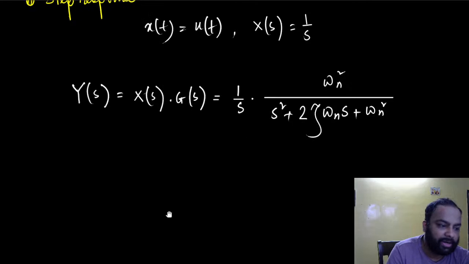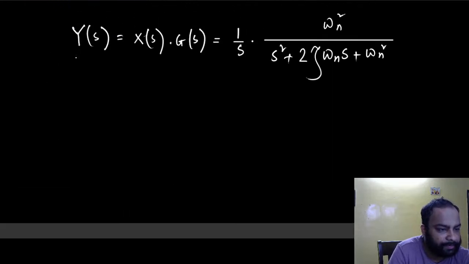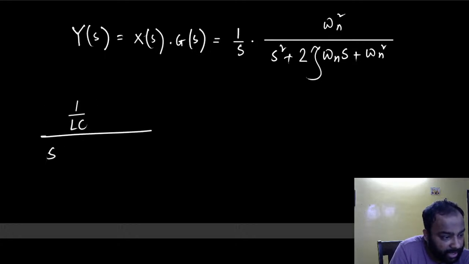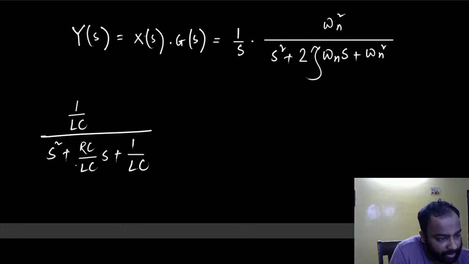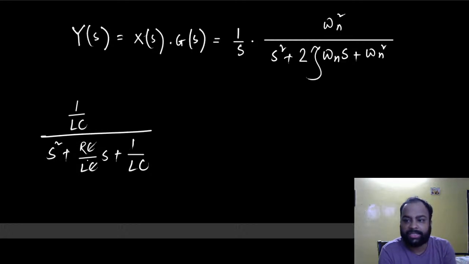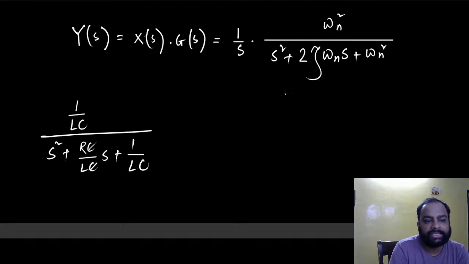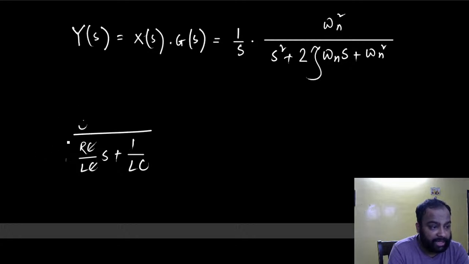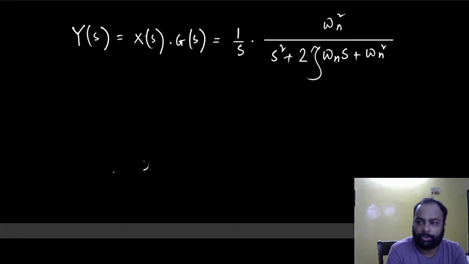For electrical systems, if you recall, for that RLC series circuit, the denominator was s square plus R by L s plus 1 by LC. So I can conclude that 2 zeta omega n was essentially R by L. So again, resistance cannot be negative, and inductance cannot be negative. So essentially all these terms we are dealing with are positive. Okay, could be 0 at most, but they're positive. Okay, rather greater than or equal to 0 for our purpose.